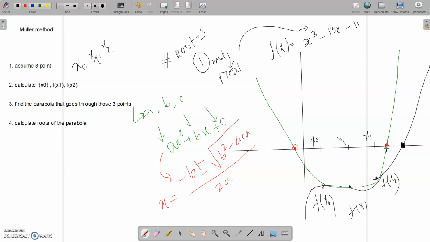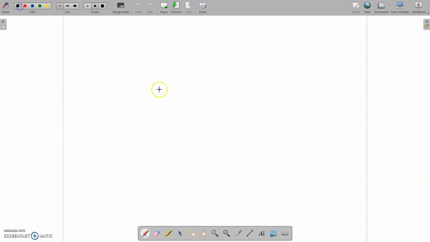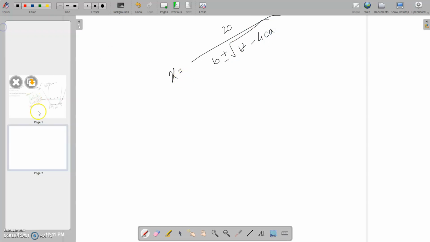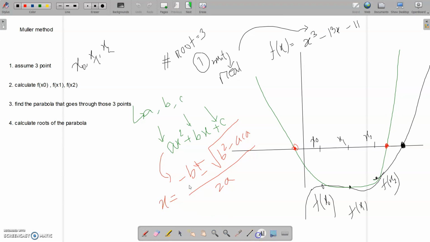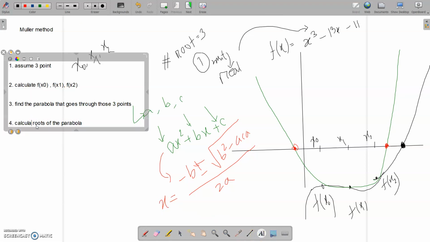But this has some problems with round-off error, which is discussed in the early chapters in your book. We'll use a different equation, the same thing, just a different representation: x equals 2c divided by b plus or minus root over b squared minus 4ac. We'll use this one to find the roots. Let me find the roots.